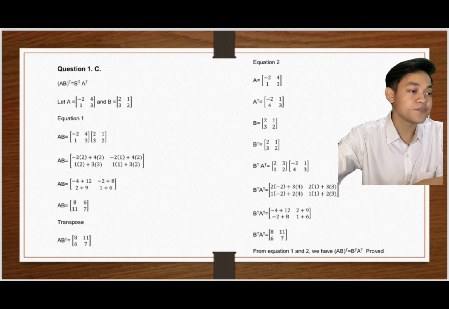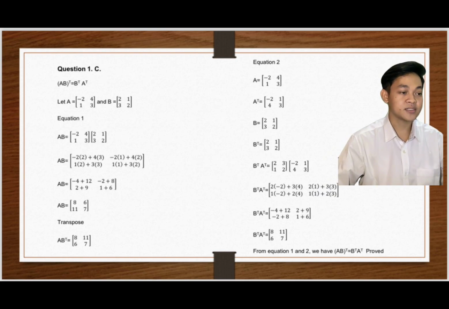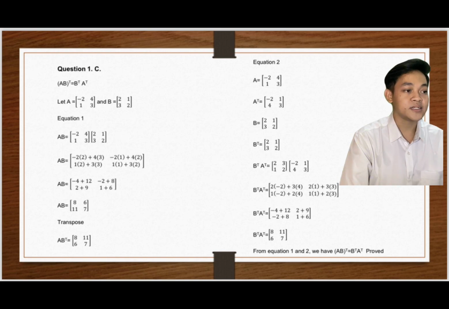The third step is negative 4 plus 12, negative 2 plus 8, 2 plus 9, and 1 plus 6. The fourth step, the answer is first row 8, 11, second row 6 and 7.